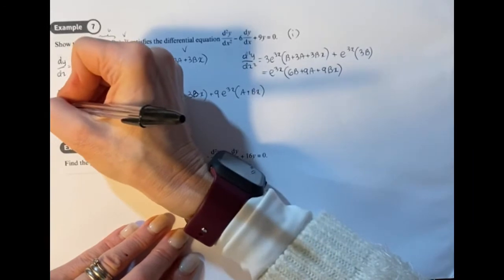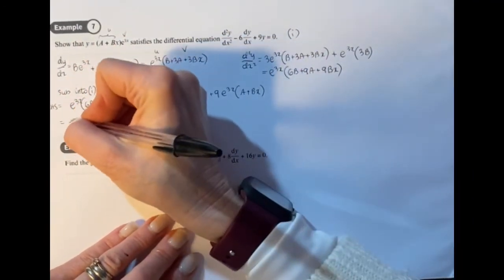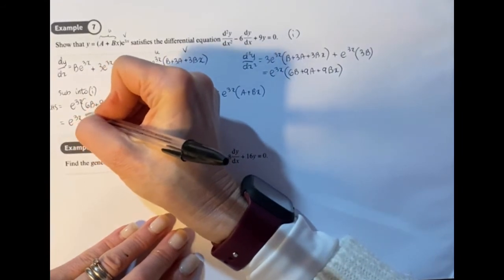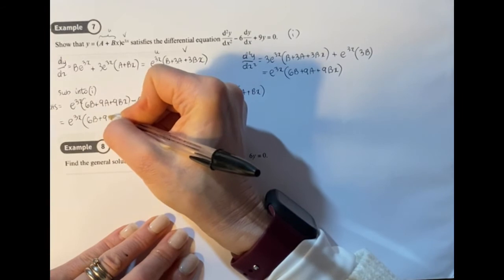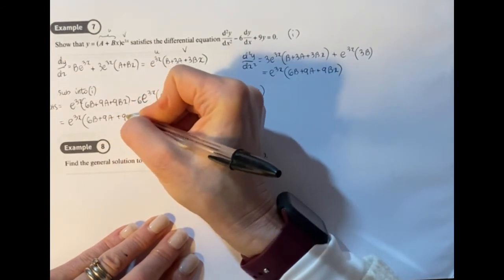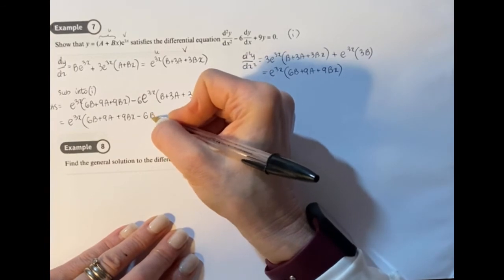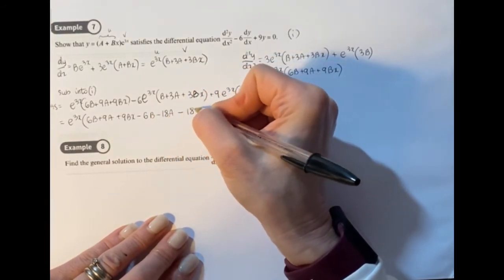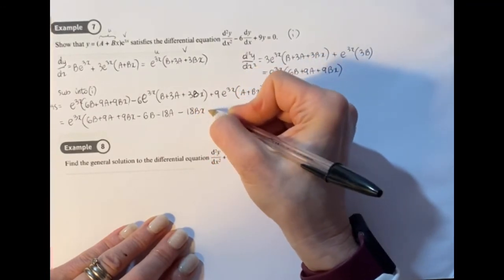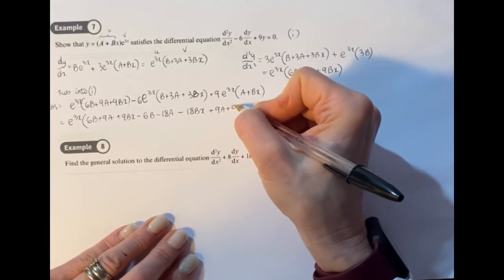So this is the left hand side of the equation. Let's factorize e to the power of 3x. We are left with 6b plus 9a plus 9bx minus 6b minus 18a minus 18bx plus finally 9a plus 9bx.